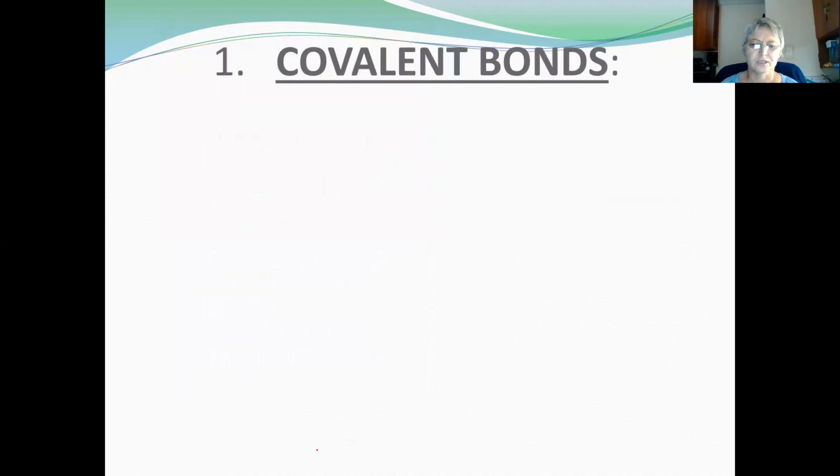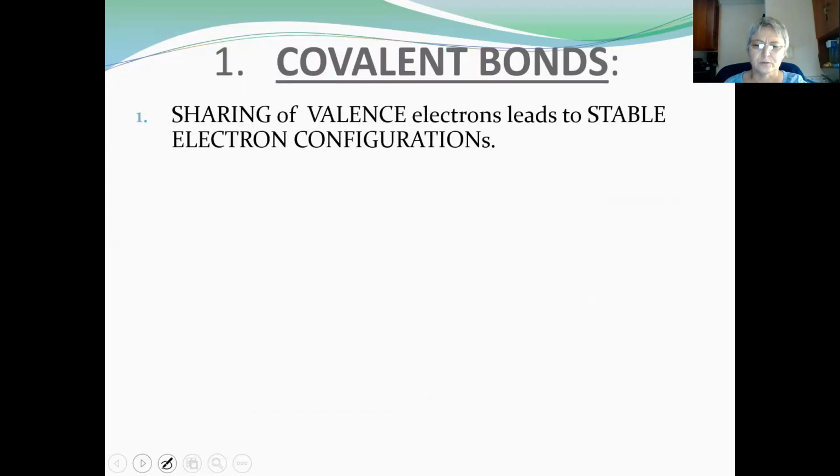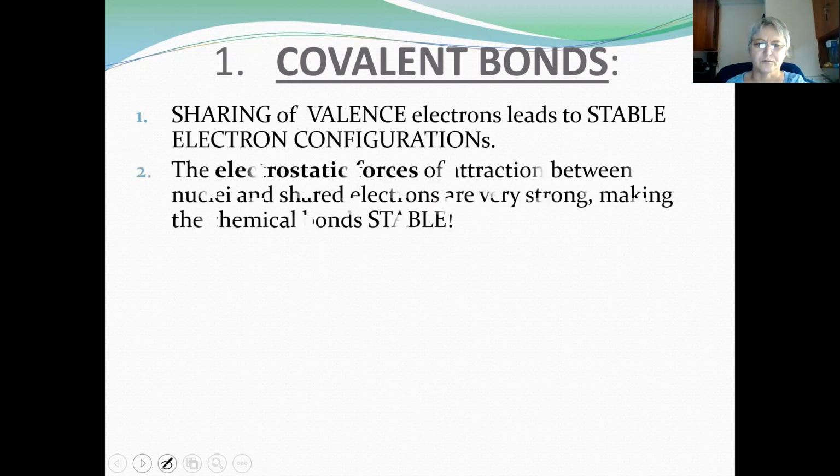I want us to look into covalent bonds more deeply in the rest of this video. So just to remind you, there is a sharing of valence electrons that leads to stable electron configurations. And the strong electrostatic forces of attraction between the nuclei and the shared electrons are so strong that they make the chemical bonds stable.